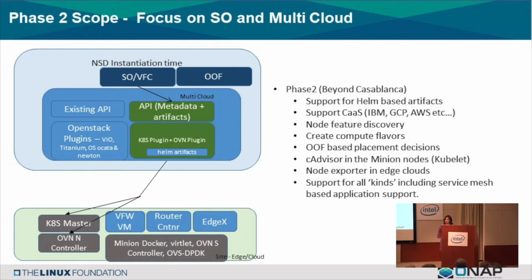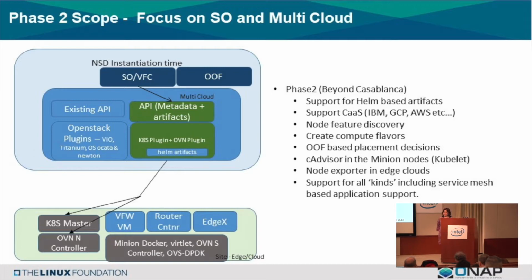Also, we want to add another feature, node feature discovery, which is also a project from Intel in Kubernetes incubation. Basically you can find out what the hardware capabilities are of the nodes that are part of your cluster.